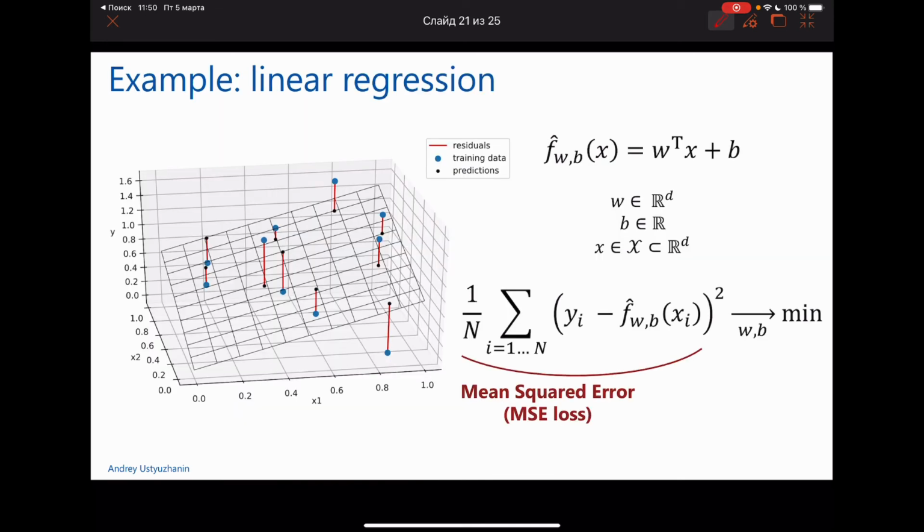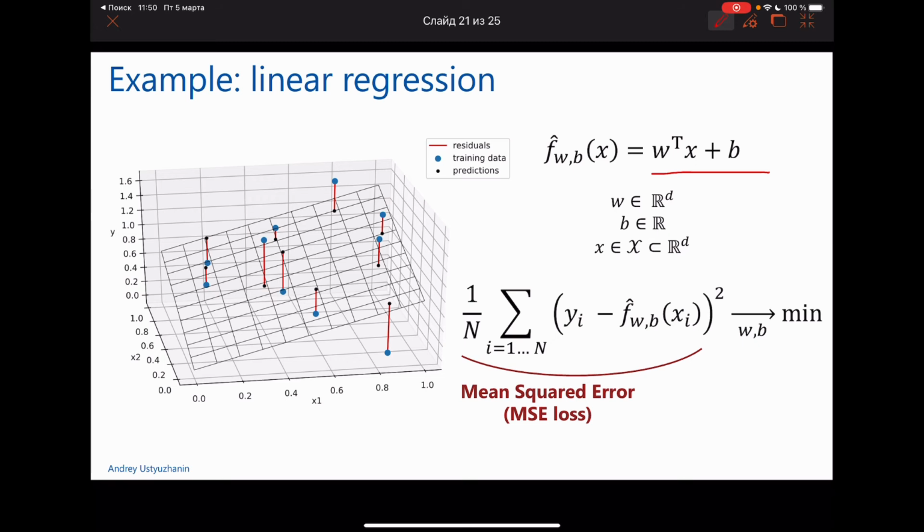So here is a linear regression in 2 dimensions. You have these blue dots, and you want to find a solution as a linear combination of input features. So you search for the solution in the form of a vector W in d-dimensional space and a bias term B. So the loss function could be written in the following way.